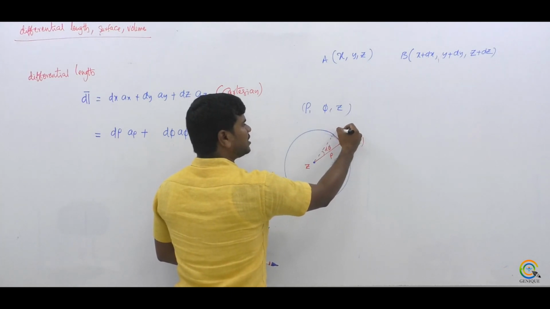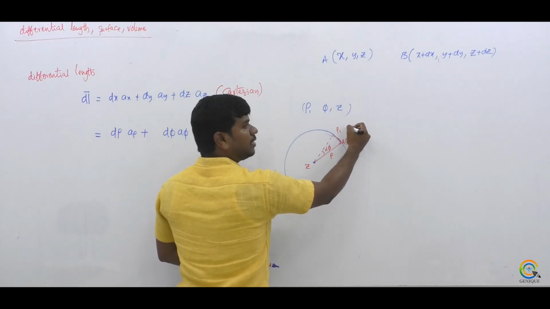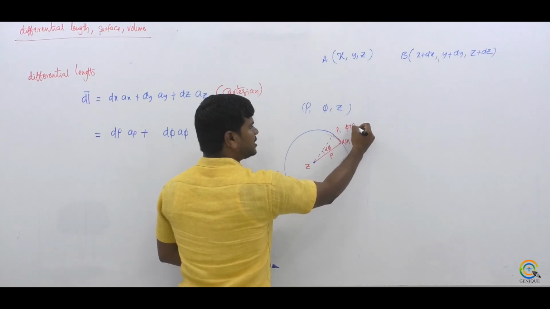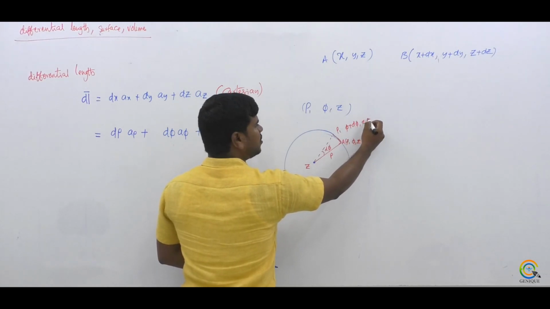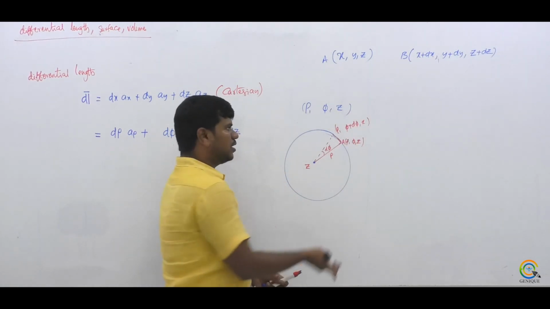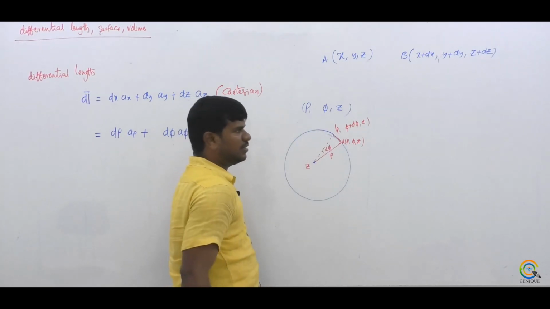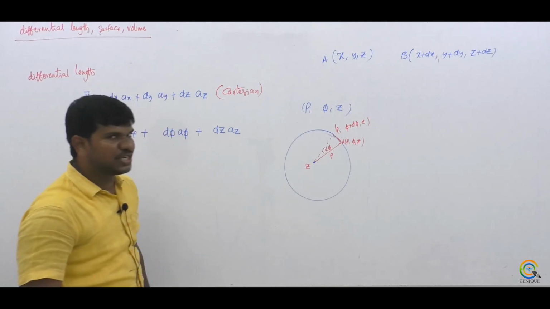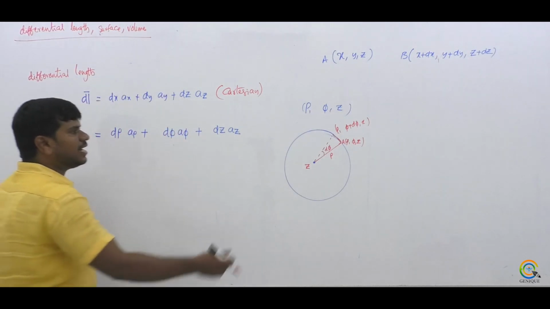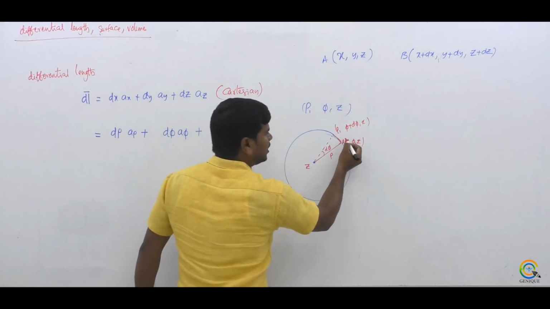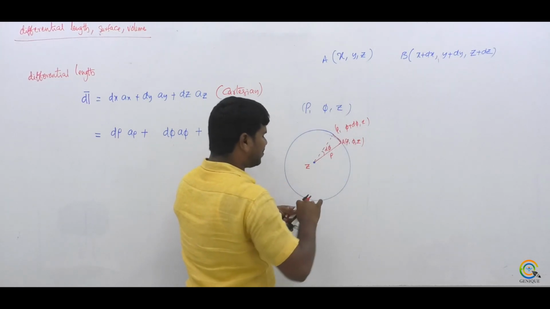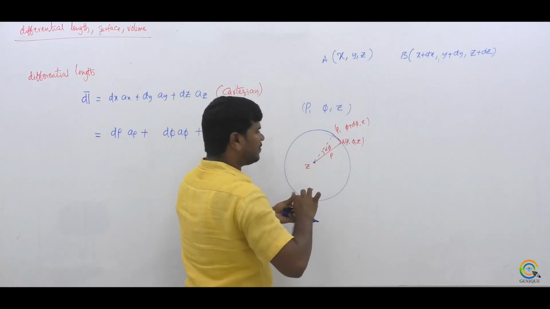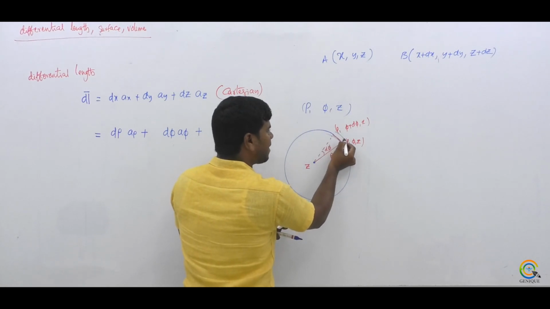Here it has the same rho, but the coordinate is phi plus d phi, and z is also z. So what is the length in this angular direction? The length in this angular direction can be written as dl.